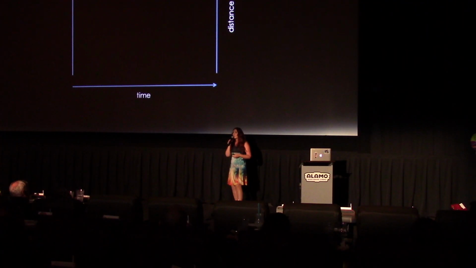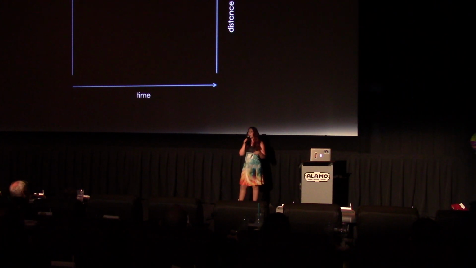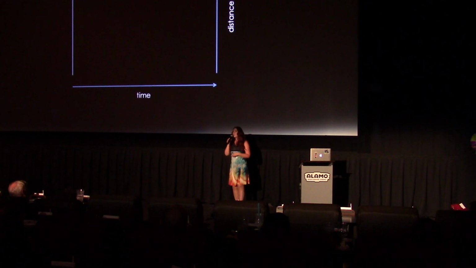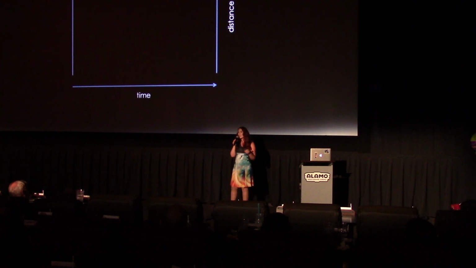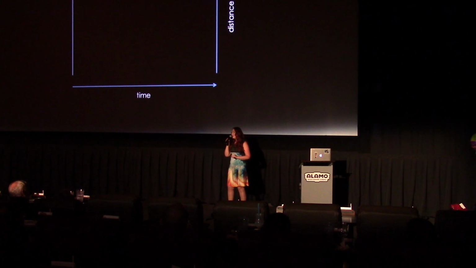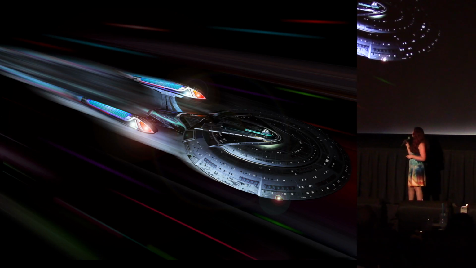And this is a problem if you want to make a TV show or a movie where people hop around from one planet to the next 1 week after the other, because space is really, really big, and light is actually pretty slow. It takes 8 minutes just to get from the sun to us, and that's that far. If you want to get to the next star, you're talking about 4.5 years, and that's only to get next door. So, hence, warp drive.